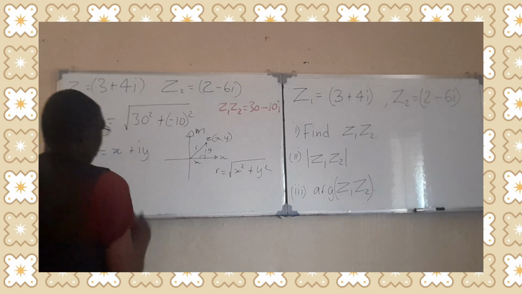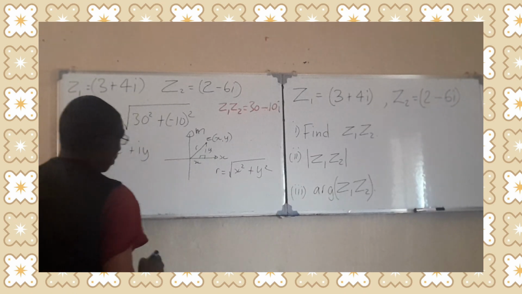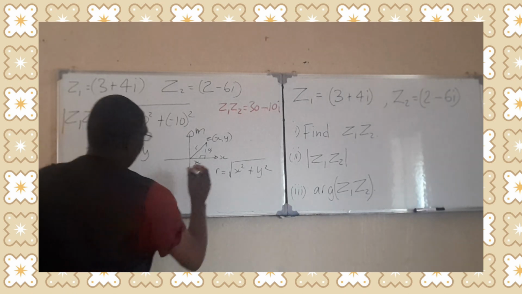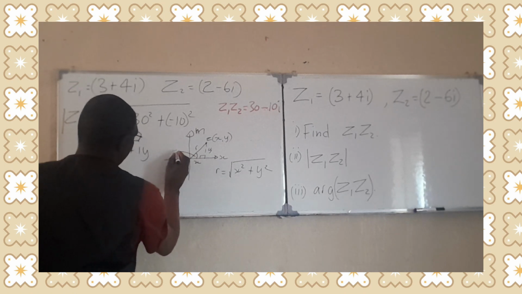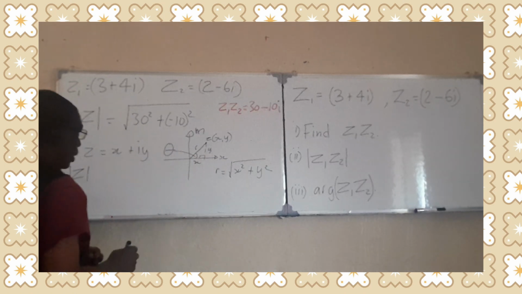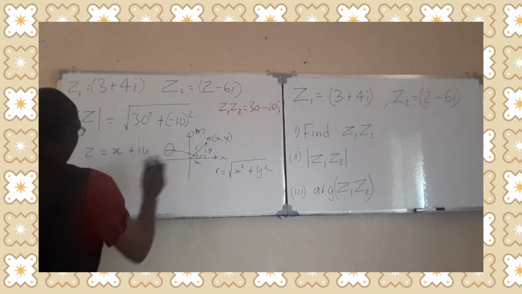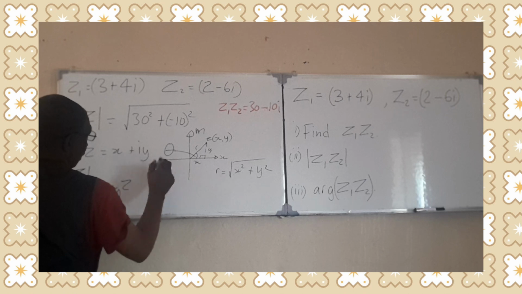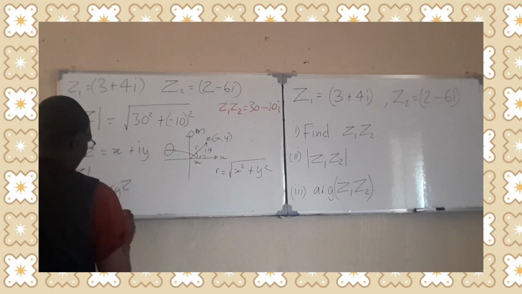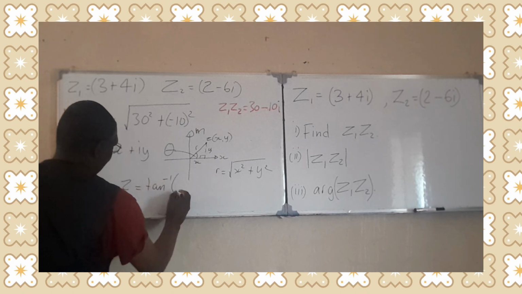Now, this little diagram is going to help us again in finding our arg z, because remember, I hope the little triangle is visible from there. Supposing this angle is theta, then from the same triangle, we know that arg z, this complex number here, would be equal to the angle whose tangent is y over x.